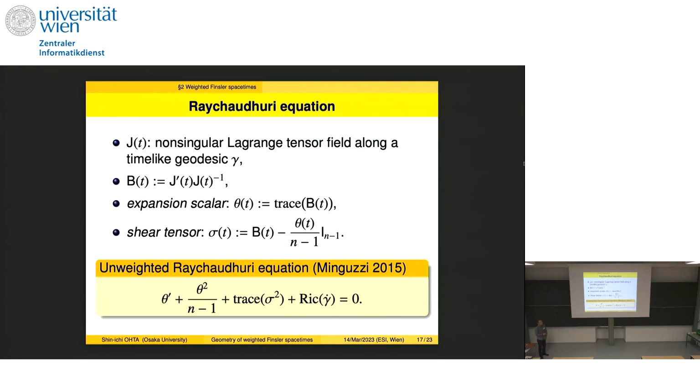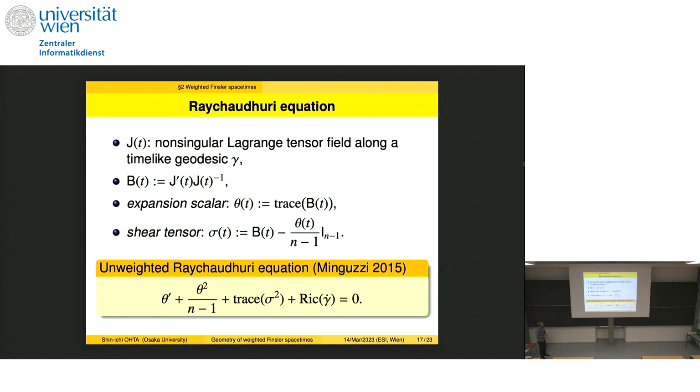If you know Raychaudhuri, you can see what this means. So, just as in the usual Lorentzian case, we consider a non-singular Lagrangian subfield and define these kinds of quantities.